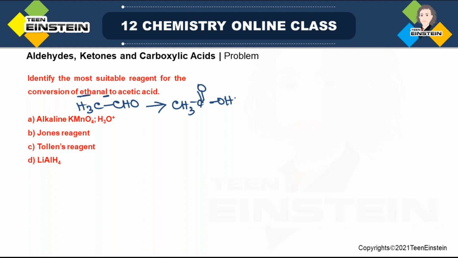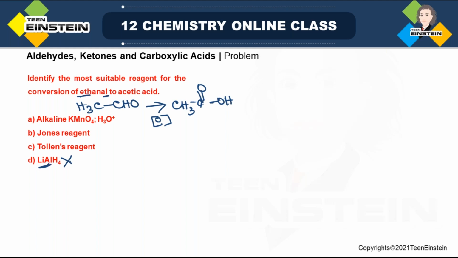And we have to find the most suitable reagent. Now as this is an oxidation reaction, the condition must be some oxidation condition. Reducing condition you cannot use, so this option cannot be correct. This is absolutely wrong. Now the rest of the reagents are all oxidizing reagents. Among these oxidizing reagents, we have to choose the most suitable one, so not just any oxidation condition randomly.